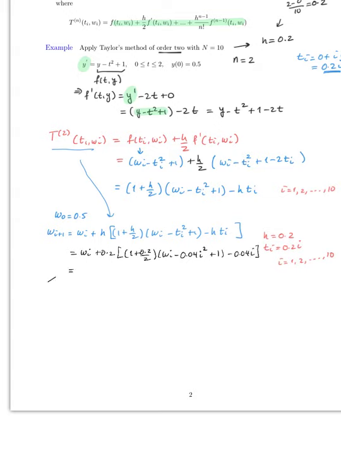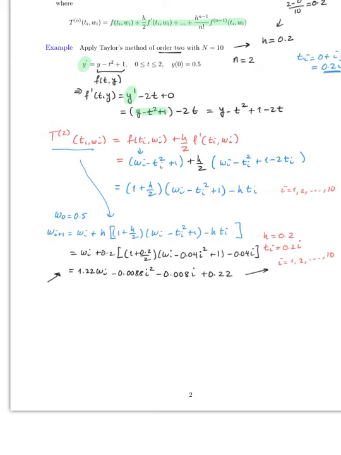And you should definitely stop the video and check the following. Once you simplify everything, this will give you 1.22 wi minus 0.0088 i squared minus 0.008 i plus 0.22. And again, this is true for i equals 1, 2, all the way to 10.